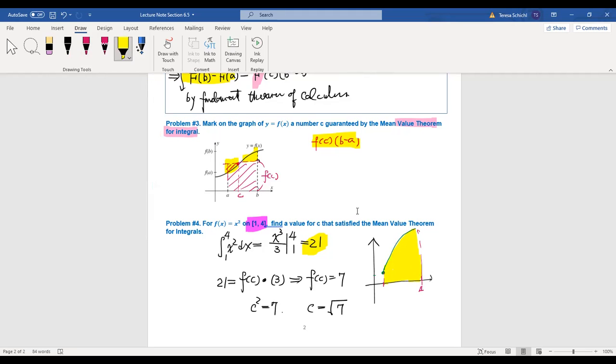The square root of 7 is equal to 2.64, so somewhere right in here is the square root of 7.